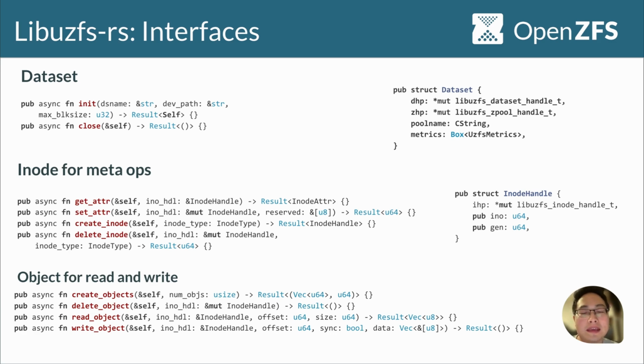We can use get_attr, set_attr, or create and delete to operate on the anode. The third is object, which stores file data. And the object can be accessed by read object and write object.